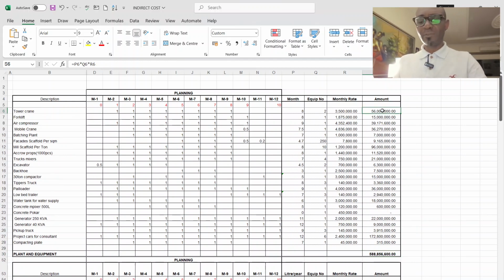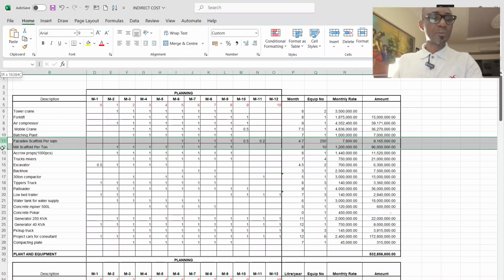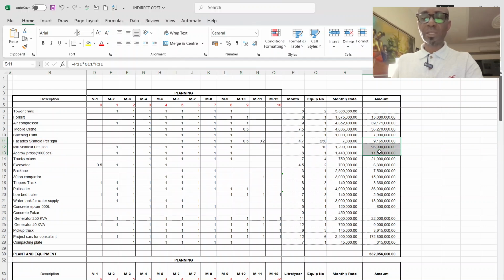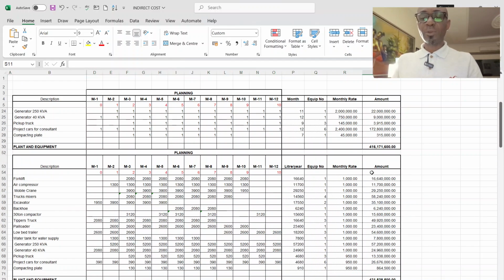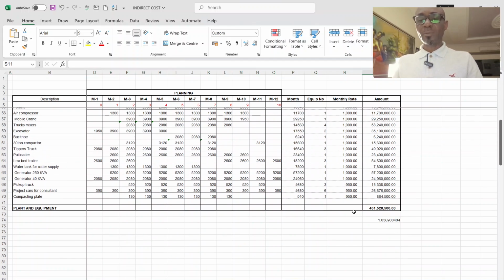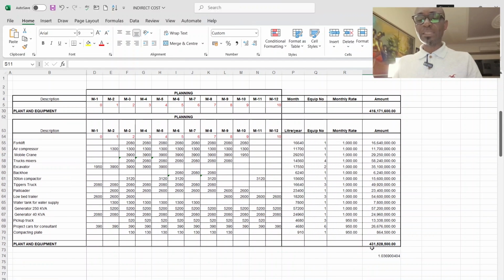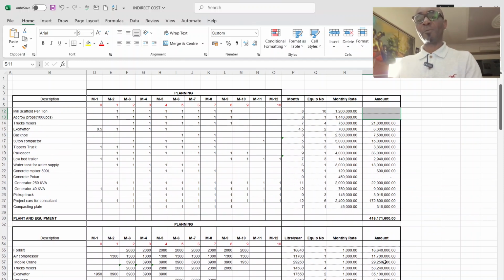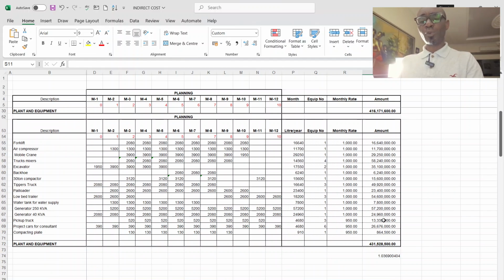Let's even say I take the 56 million out, and I'm taking the mill scaffold, acro, these ones out as well. So you can see that the cost of the fueling is even higher, by 3%, by 4%, than the cost of the equipment.